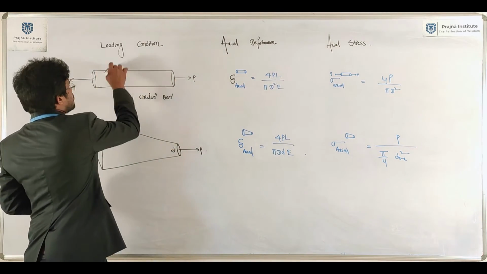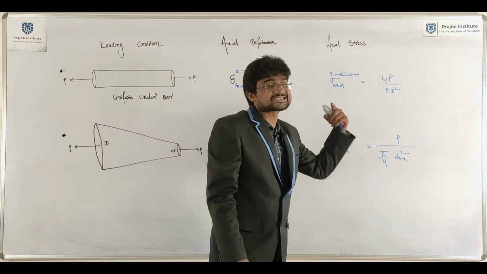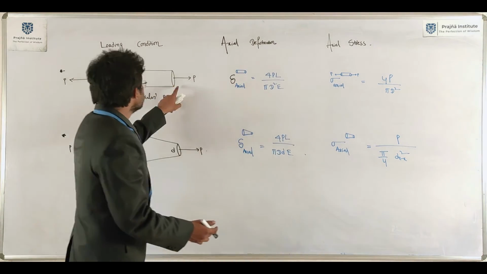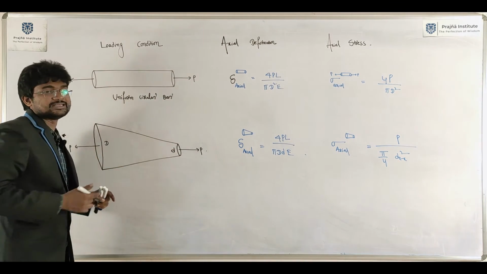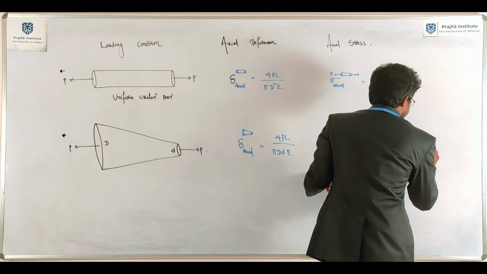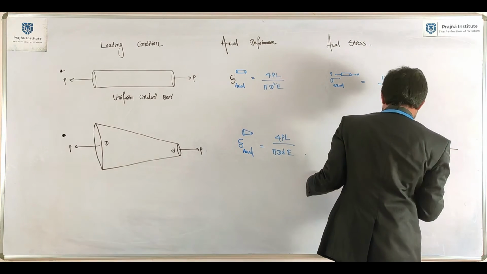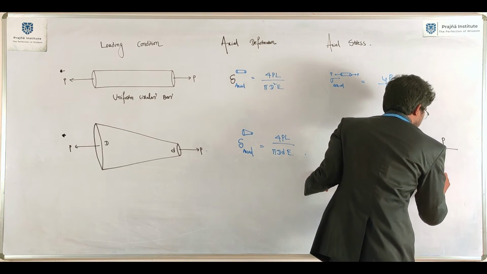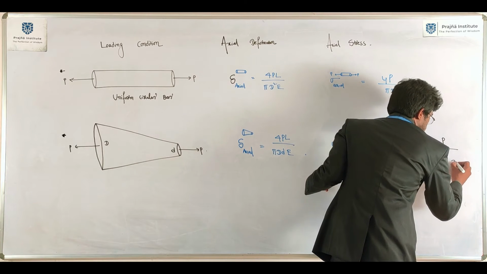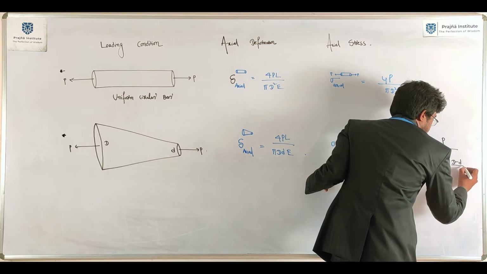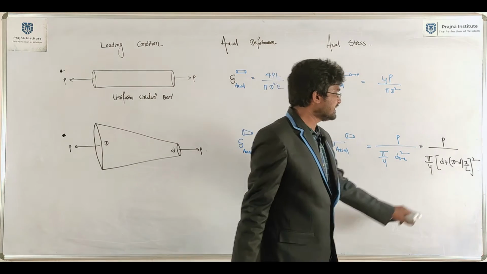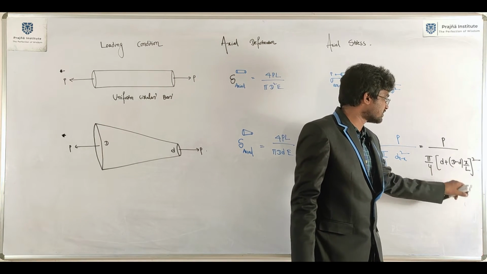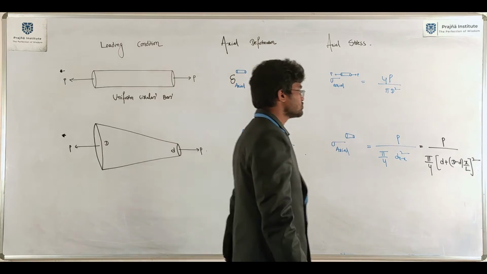At any cross section the axial stress is the same, but here axial stress is continuously varying from this end to this end, so it depends on x. d(x) is nothing but small d plus (D minus d) into x by L, whole square.